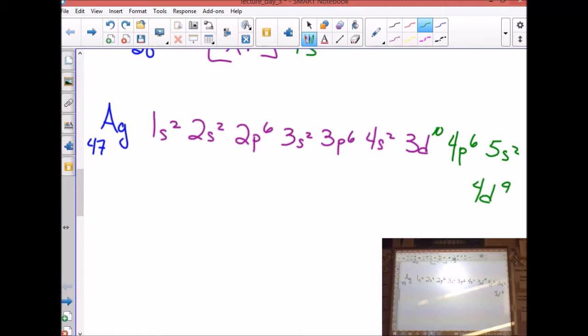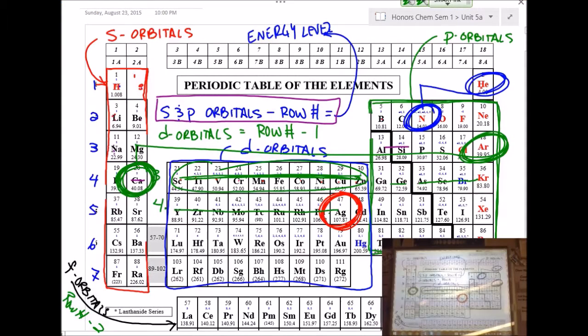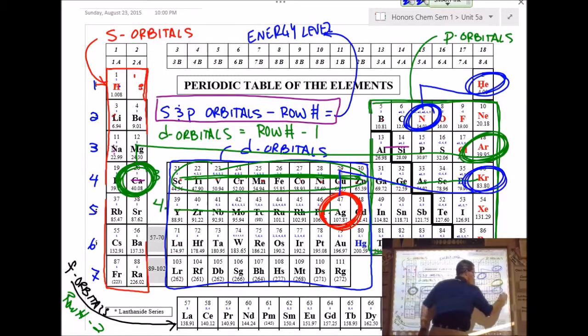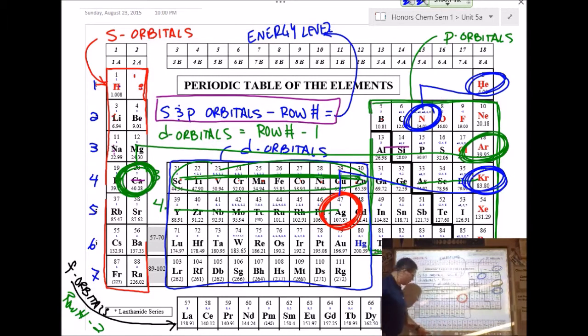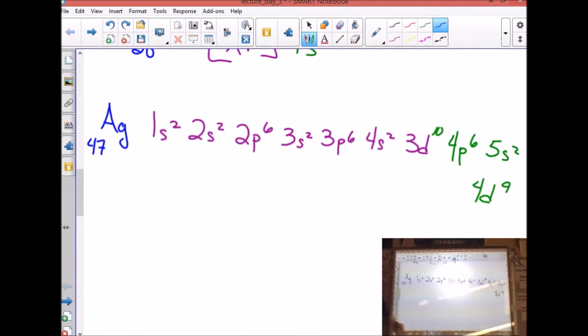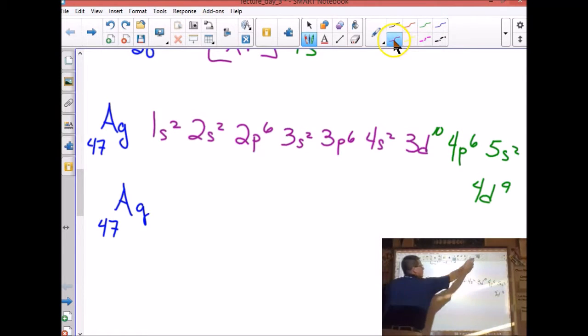Now quickly, what's the shorthand? Choose a different color. So you go up one row. Hold on, slow down. So silver is in row 5, so we represent all the orbitals filled up, which represents krypton here. So if I go silver 47, what do we say, krypton?